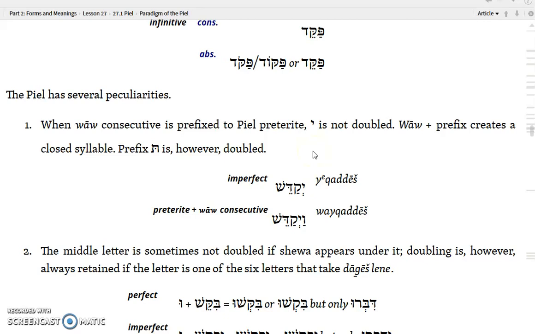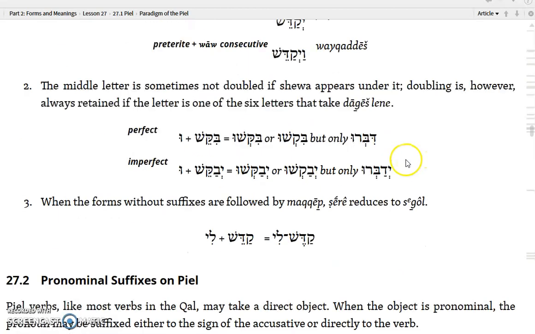However, if you have a prefix tav, the tav will be doubled because that rule does not apply there. And if you try to double the prefix aleph of a first common singular, you'll get compensatory lengthening. The middle letter is sometimes not doubled if a shewa appears under it. Again, this is an application of the rule.